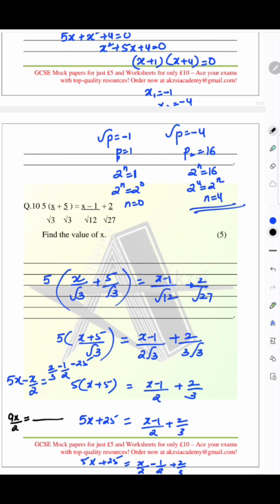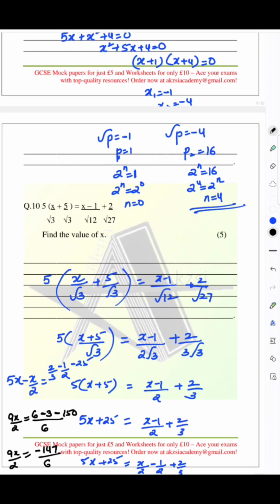So when I take LCM as 6, this will give me 6 minus 3 minus 25 times 6, which is 150. So 9x over 2 is equal to minus 147 over 6.